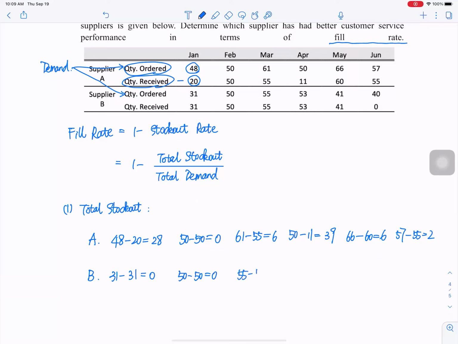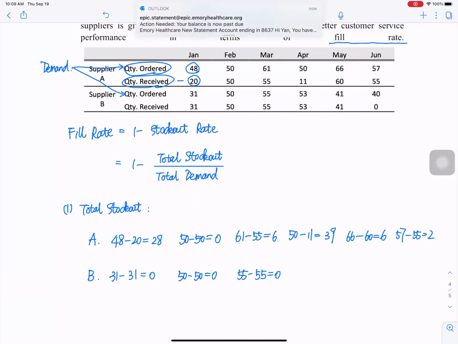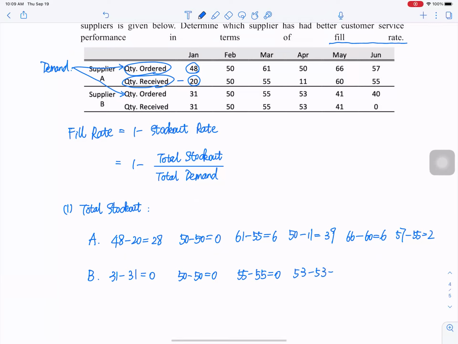March also equals 0. And April also equals 0. May, 41 minus 41, which equals 0. And June, we use 40 minus 0, which equals 40.